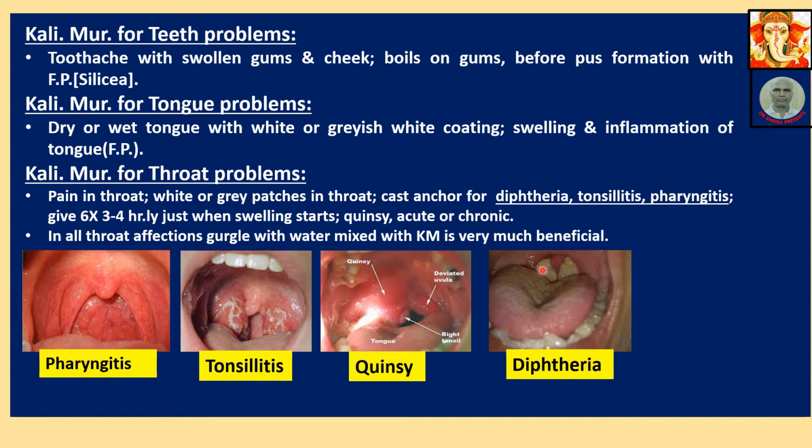Diphtheria. This is a diphtheritic patch, coming out from within the throat towards the mouth. These days, very few diphtheria patients come to a tissue therapist because it is a bacterial disease. Generally, modern medicine looks after this.